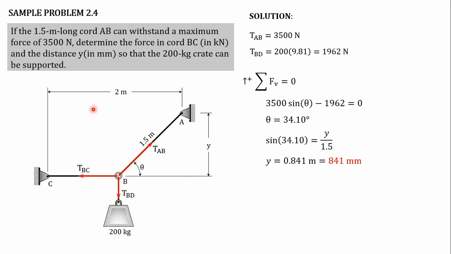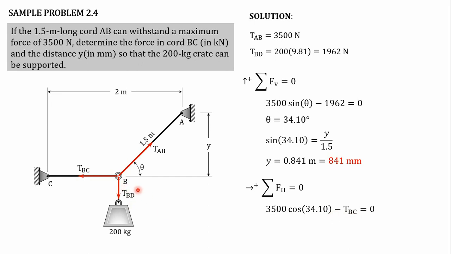How about the tension BC? To solve that, we take the summation of horizontal forces equal to 0, and we assume that going to the right is positive. The horizontal component of tension AB is going to the right, so it is positive: 3,500 cosine 34.10 degrees. The horizontal component of tension BC is purely tension BC, and it is minus.